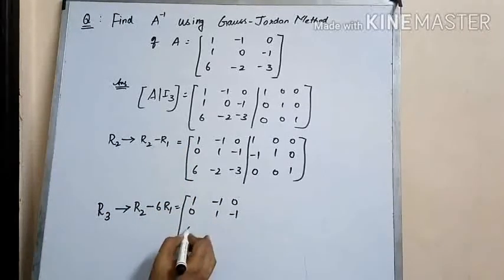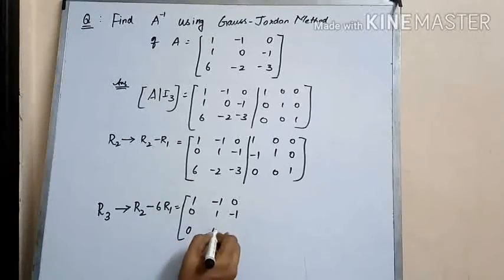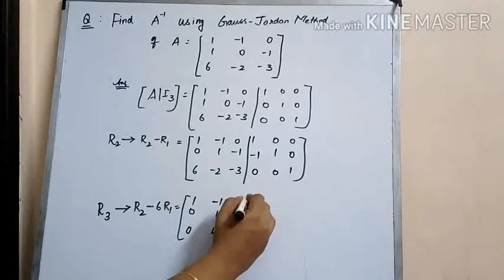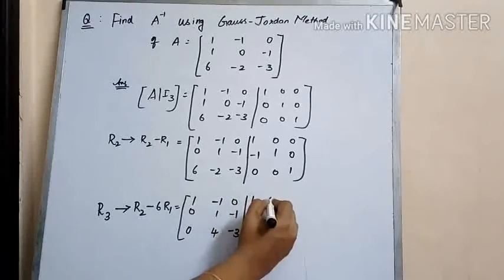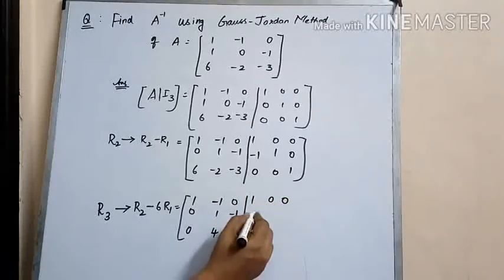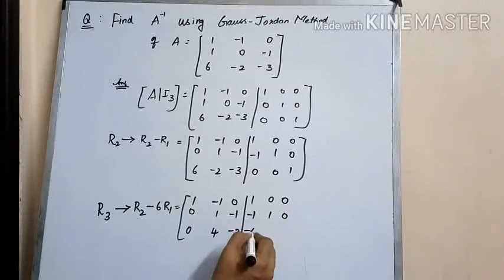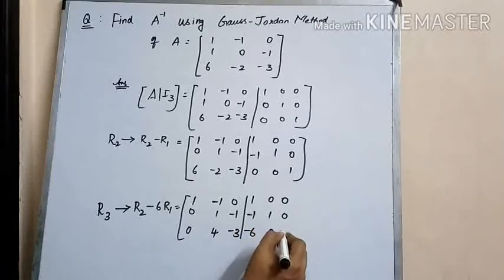So you will get 0, 4, minus 3, here 1, 0, 0, minus 1, 1 and 0, and this part will change to minus 6, 0 and 1.